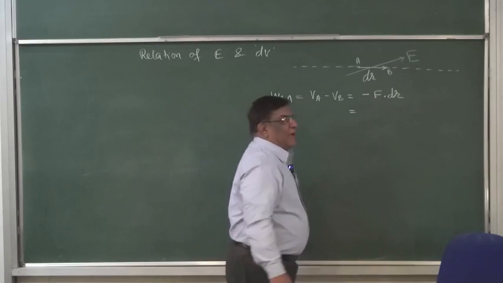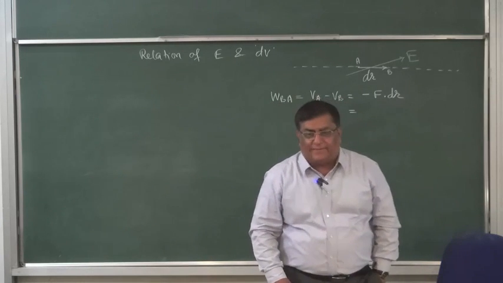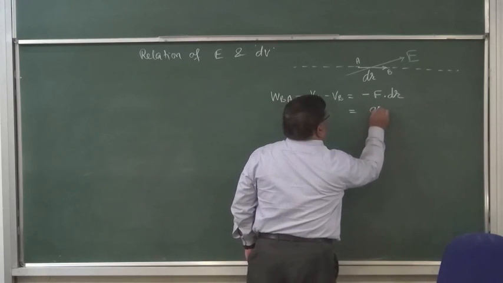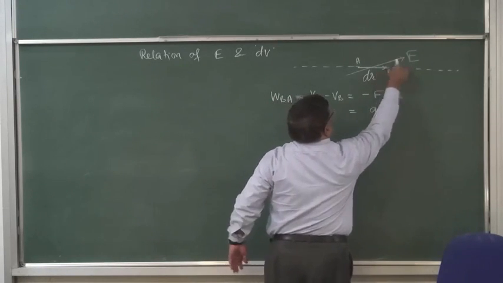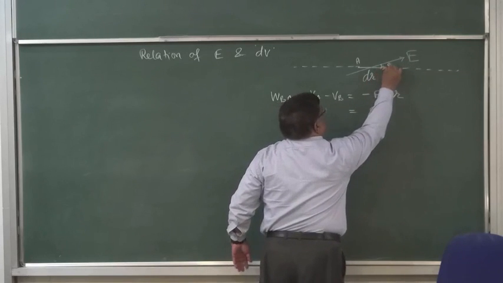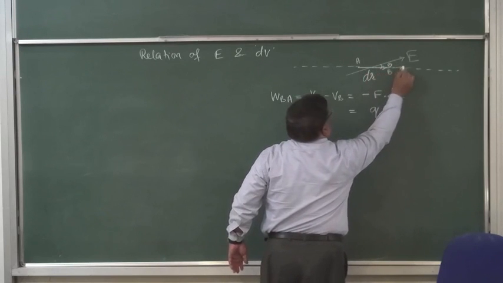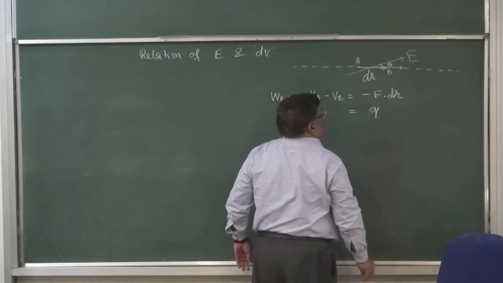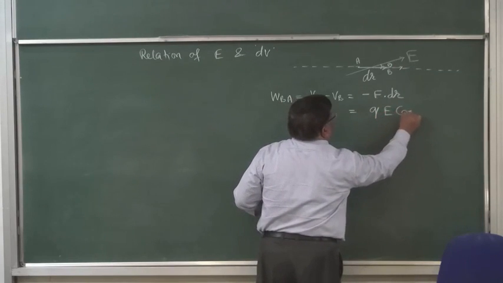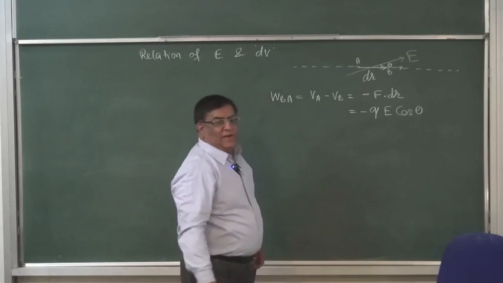Now, we know the formula for F. F is equal to Q into E. So this we can write as Q into E. But E has got this direction, not this direction, and there is an angle theta here. So we can have a component of E in this direction. What will be the component of E in this direction? Very good. QE cos theta. Right?